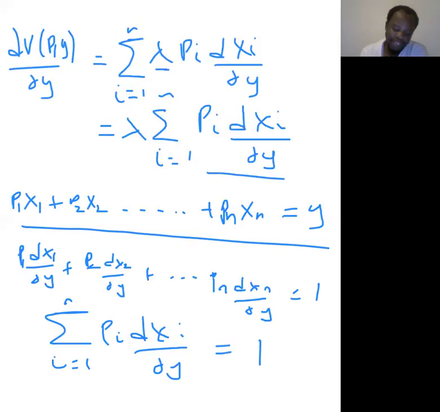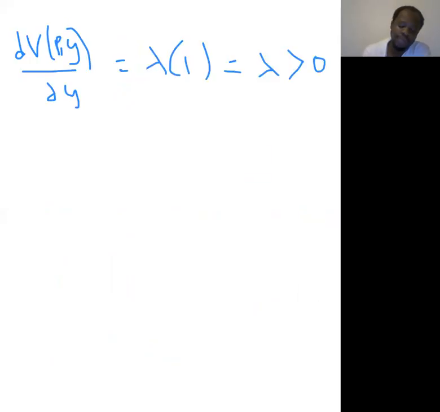This expression here is the same as 1, so in place of this, I can write 1. Then dV/dy is equal to lambda times 1, which is lambda, and is greater than 0. This lambda is known as the marginal utility of income.